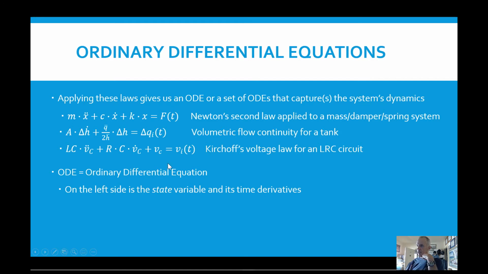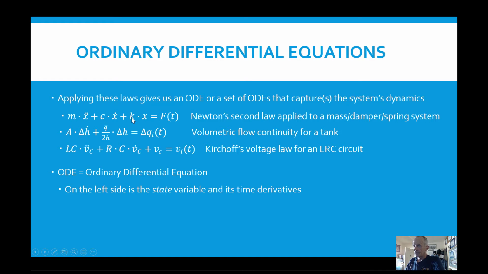On the left-hand side of all three of these equations, you have what's called a state variable. For instance, in the first equation, our state variable is x, which is the position of the mass. We're going to do this particular example in a minute. But I also have the velocity of that mass, and I have the acceleration of that mass over here.